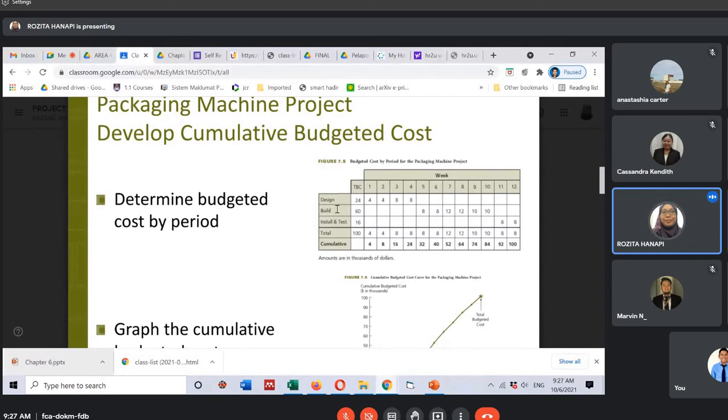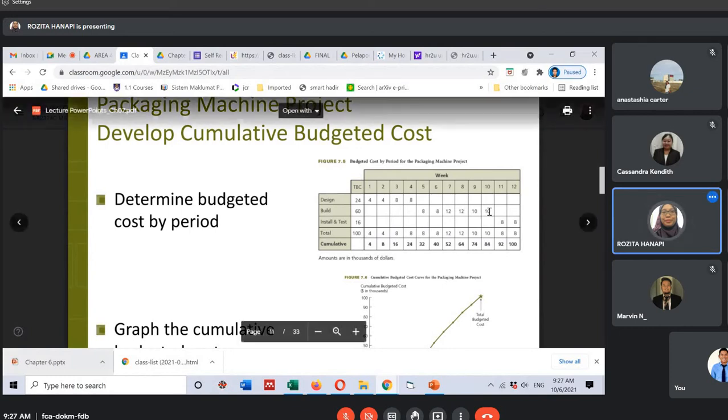And then for build, the total budgeted cost for this work package is 60,000. Okay, it is conducted on week 5, week 6, week 7 until week 10.